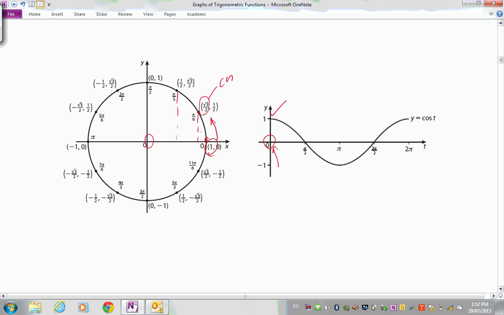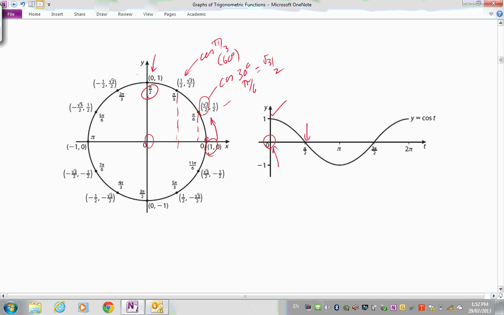The ones I'm using here, what's this? 30 degrees, because the cos of 30 degrees, or pi on 6, equals root 3 on 2. I hope you've memorised that. And then this is cos of pi on 3, or 60 degrees, is a half, and so on. And so when you get up to pi on 2, the x value has actually gone to 0. So it's a little bit different here from sine.